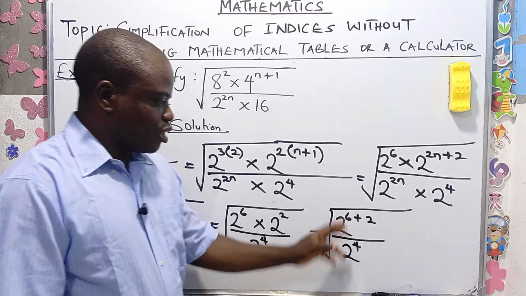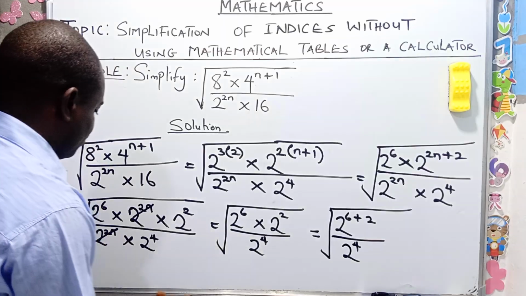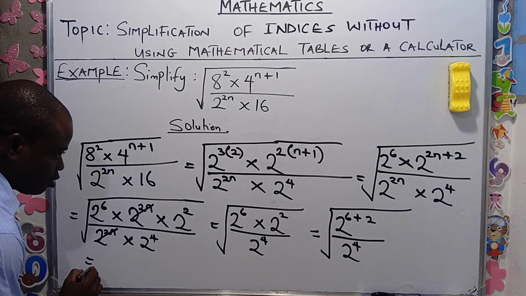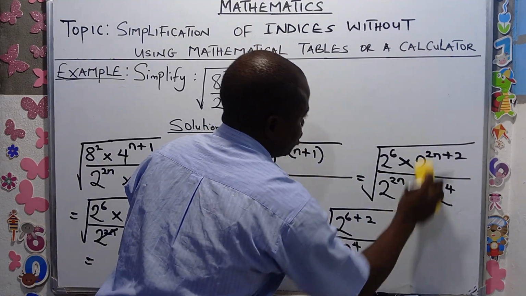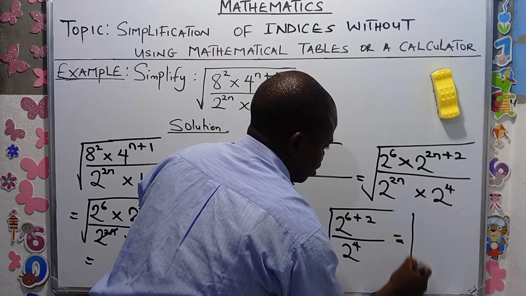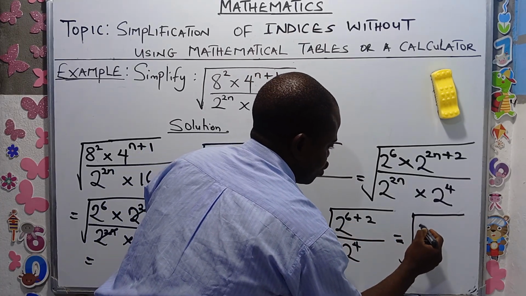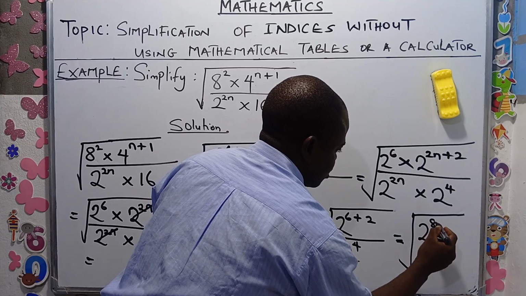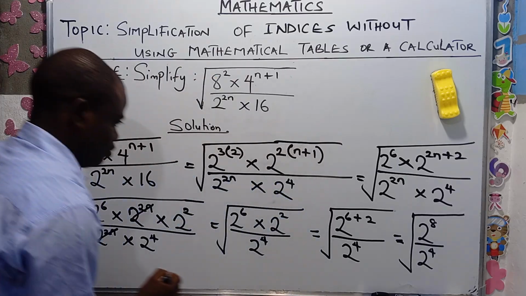Please take note, when you are putting your square root, let it cover the whole expression. Equals to the square root of 6 plus 2, that is 8. That's 2 raised to power 8 divided by 2 raised to power 4.